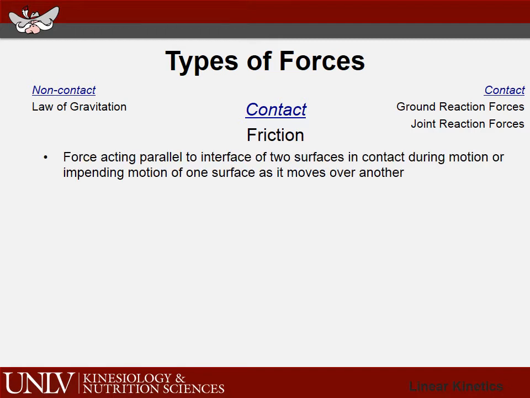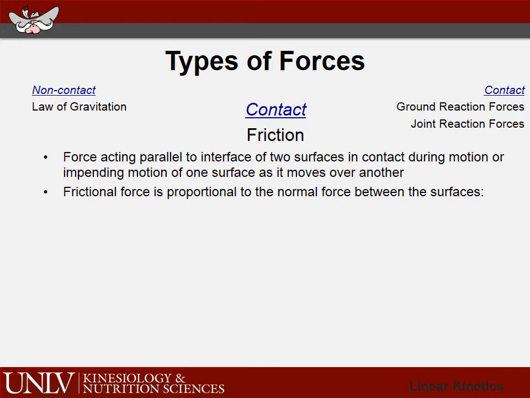But what is friction? Friction is the force acting parallel to the interface between two surfaces that are in contact. This is motion, or impending motion, of one surface as it moves over another. So there doesn't have to be any motion, but there has to be an impending or attempted motion, or a cause of motion.